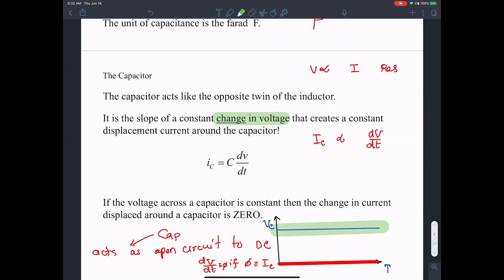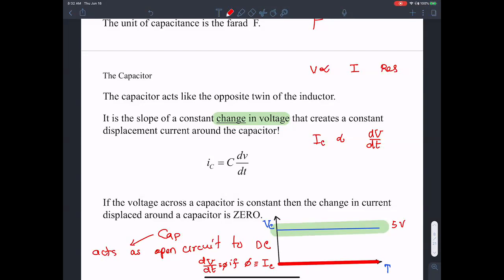When you see a DC voltage of 5 volts, 10 volts, 100 volts, doesn't matter. As long as the voltage is constant and not time varying, then it's a constant DC. The magnitude doesn't matter.